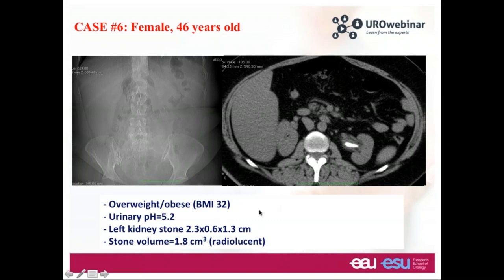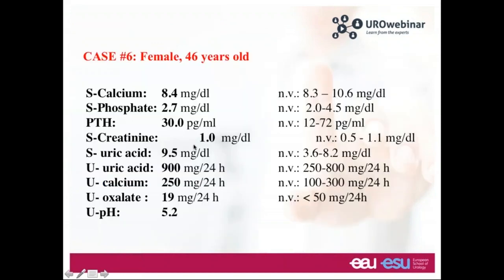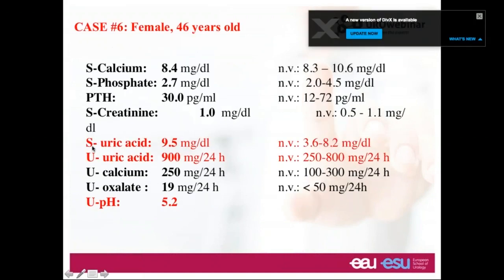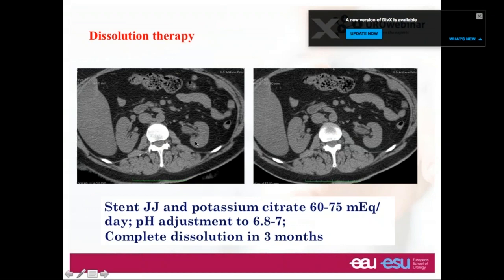So we think about the 24-hour urine, and you see that there is elevated uric acid in serum and in urine also, and this patient had a 100% uric acid stone. What shall we do? Shall we do RIRS or PNL? I think the right answer is we can really dilute, and because the patient had a big stone, we may need to leave a stent, but we can dilute.